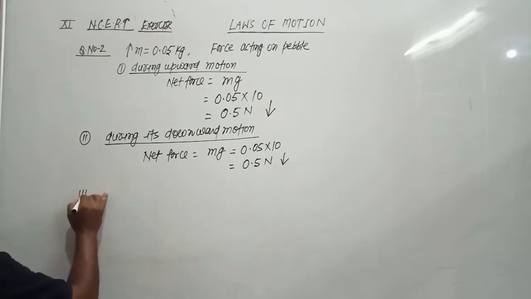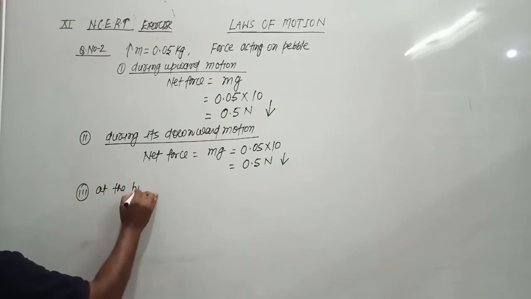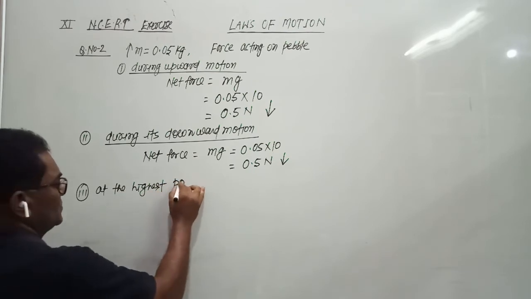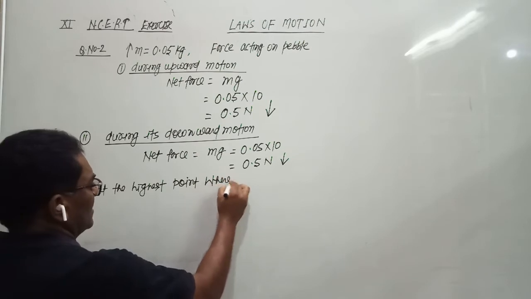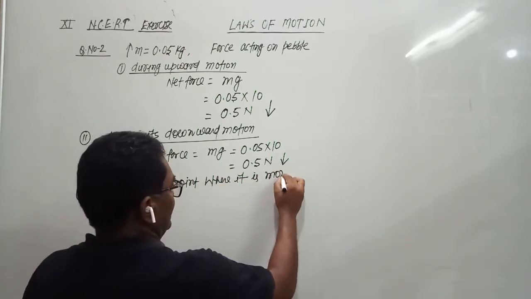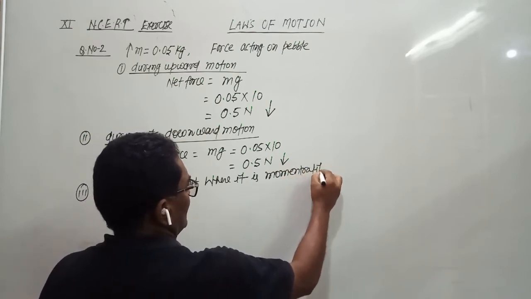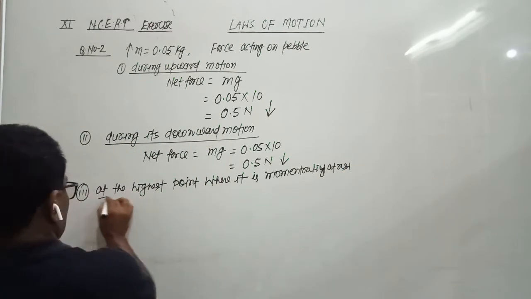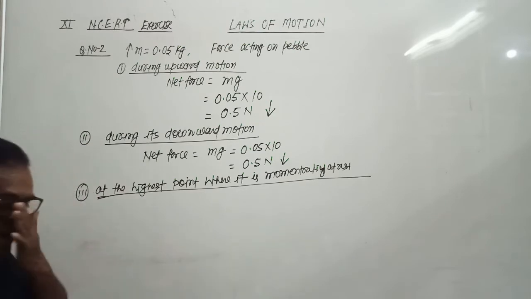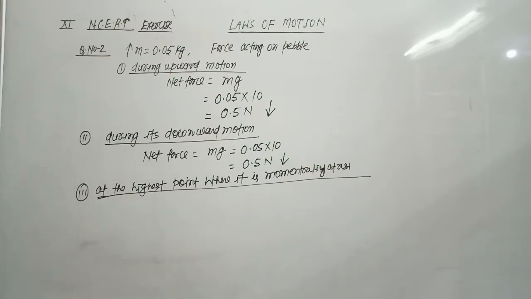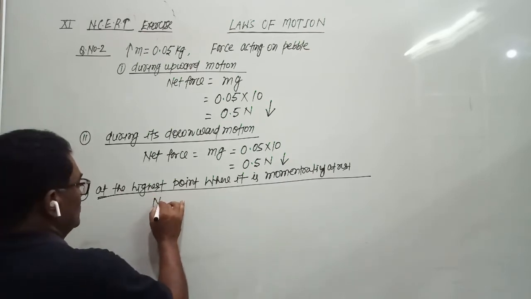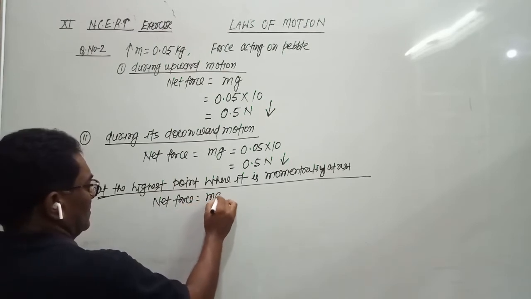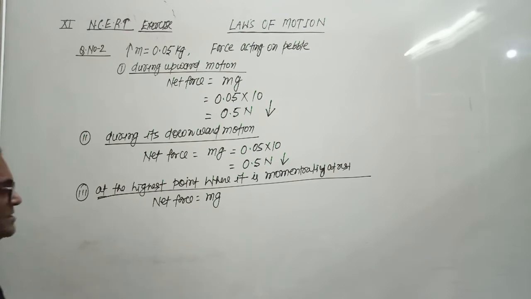At the highest point, when the pebble is momentarily at rest, the net force is again equal to m into g.